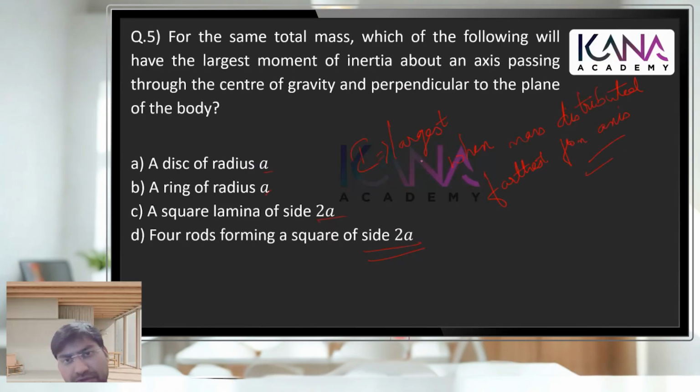If you know the relationship between I and R, the distance from the axis, you know this. When the mass is distributed furthest from the axis, I will be largest.